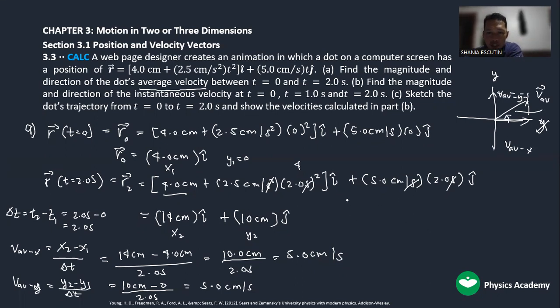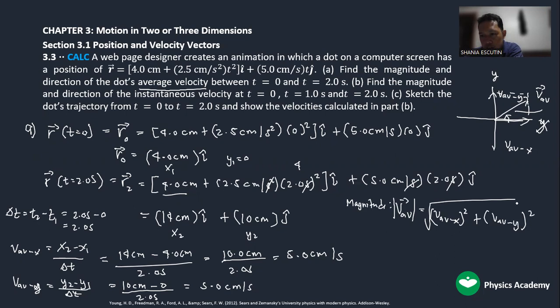For the magnitude of that vector, it's just equal to the square root of v average along x squared plus v average along y squared.